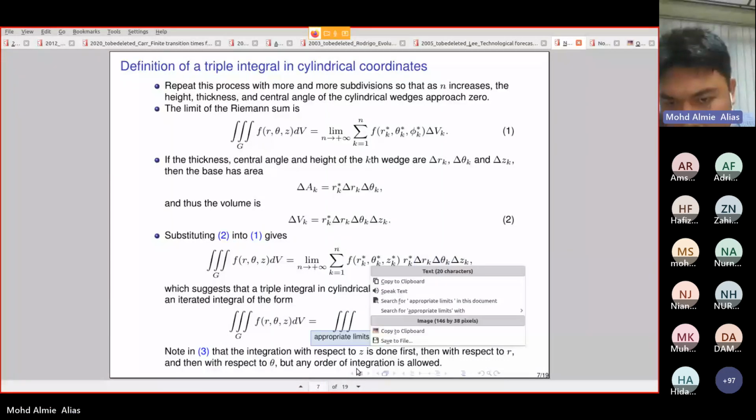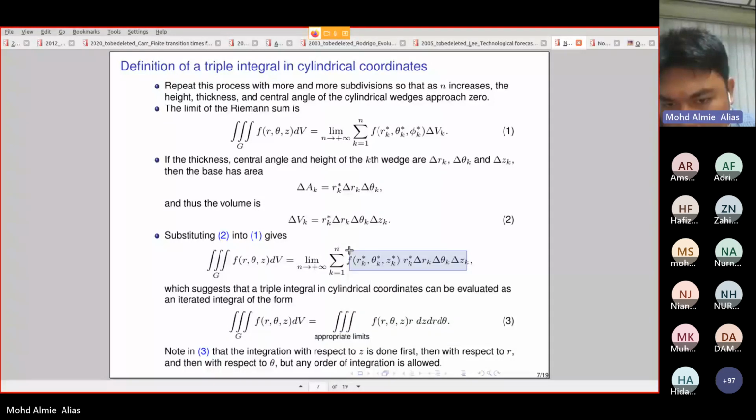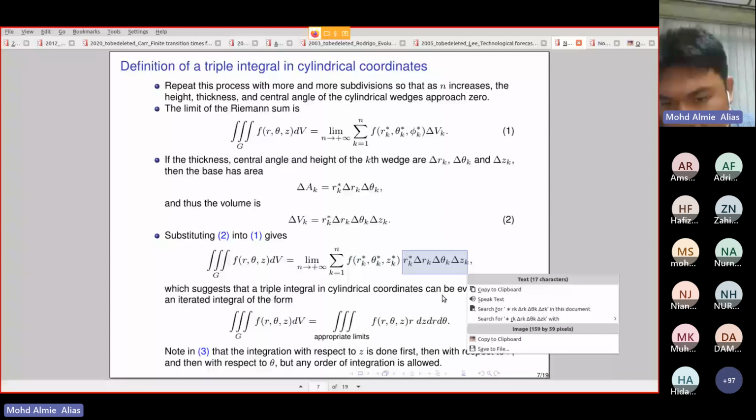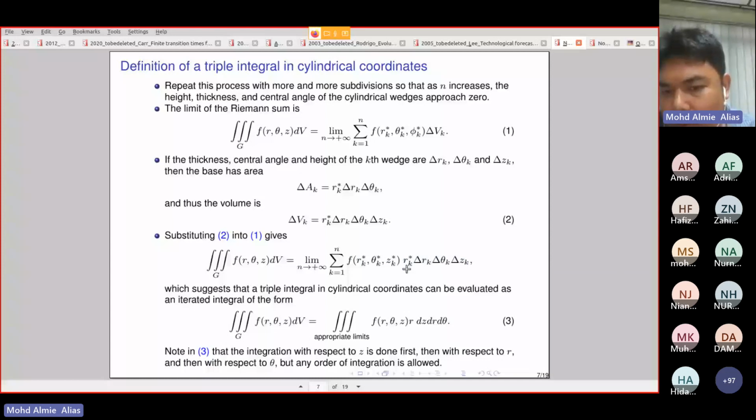But the important thing is that all the components must be in your formula for the integral. You have everything now: the f, the r, the dr, d theta, and dz.